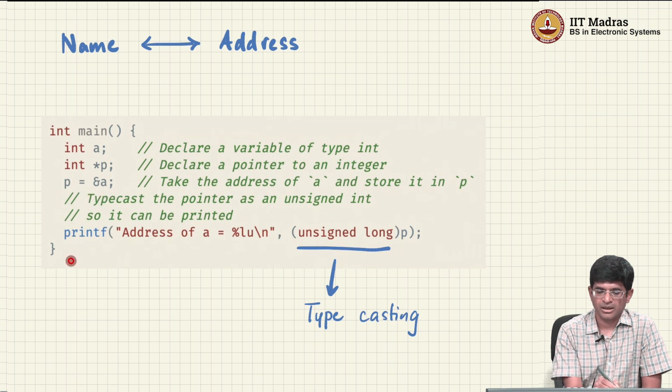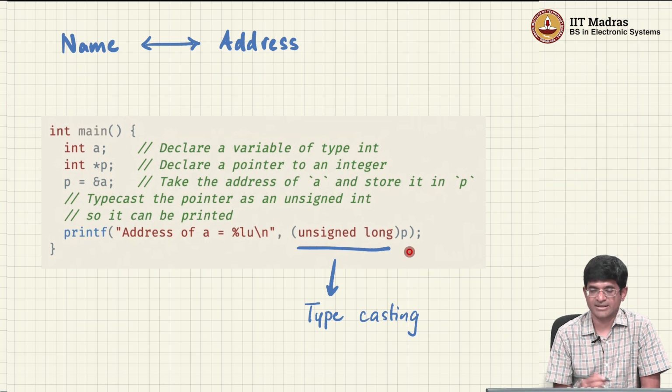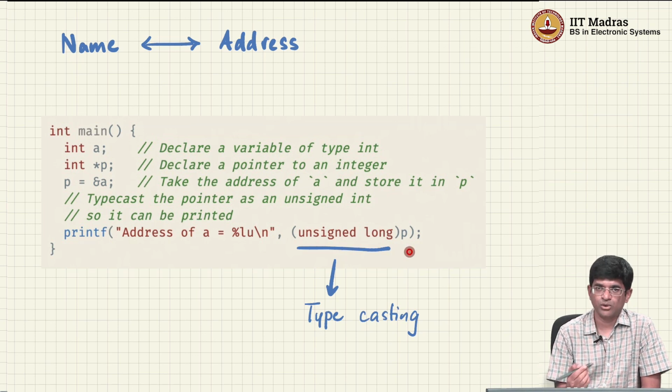And if I want to print out the value of that pointer, I need to take this pointer, which is an address, and convert it into a number that can be printed, which I do using this particular syntax, where I give within parentheses the words unsigned long.